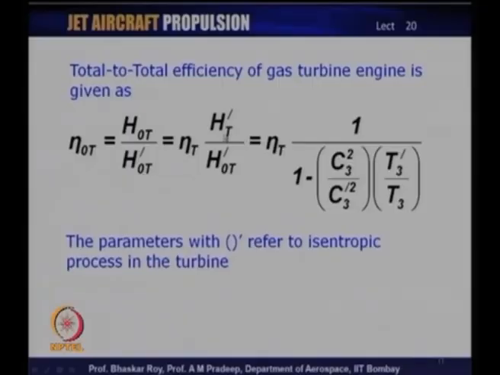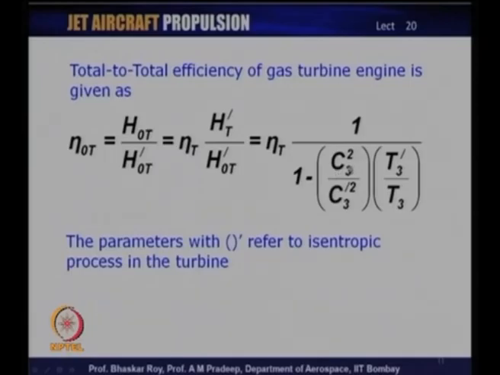And this can also be expressed in terms of the static efficiency and the static work done related to the ideal total work done. Quite often the static efficiency, simply referred to as eta t as opposed to eta 0 t, which is the total efficiency, is used, because static efficiency is again an easily measurable quantity.